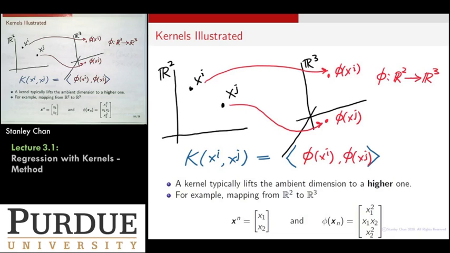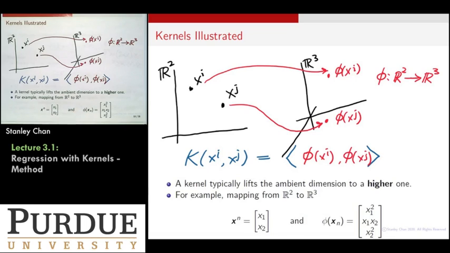You turn this raw data x1, x2 into something I call a feature vector. It's a nonlinear transformation from x1, x2 to, for example, x1 squared, x1 times x2, and x2 squared. This is just one particular example, but you can do all sorts of things by defining your own phi function. This is a nonlinear transformation.